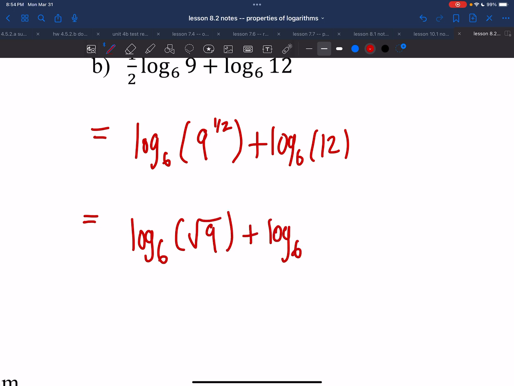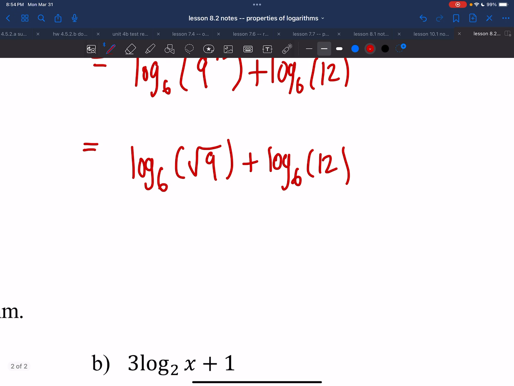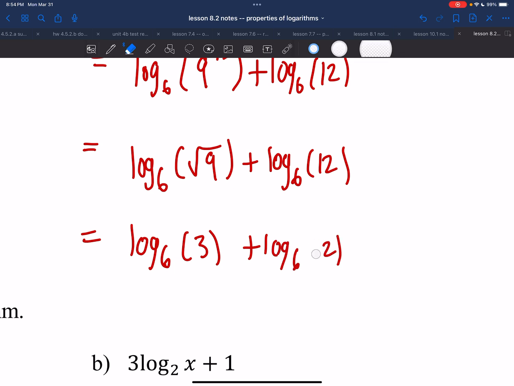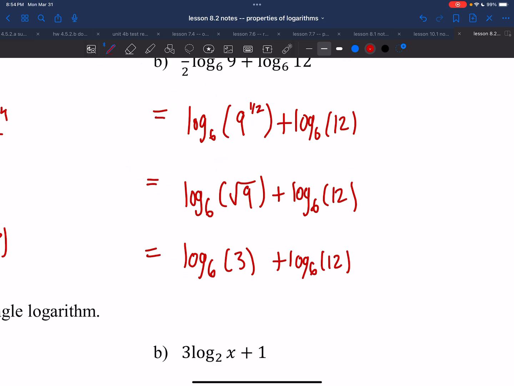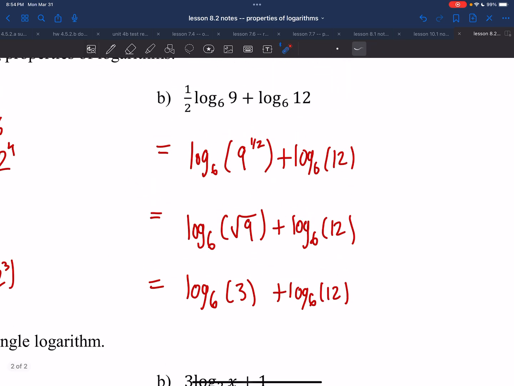And we know the square root of 9 is 3, thus simplifying that logarithm individually a little bit. So you see how I'm writing out the rest here, but really, the log base 6 of 12, he's just chilling. He's not doing anything. The half came on the power of 9, which is a square root, which becomes 3.